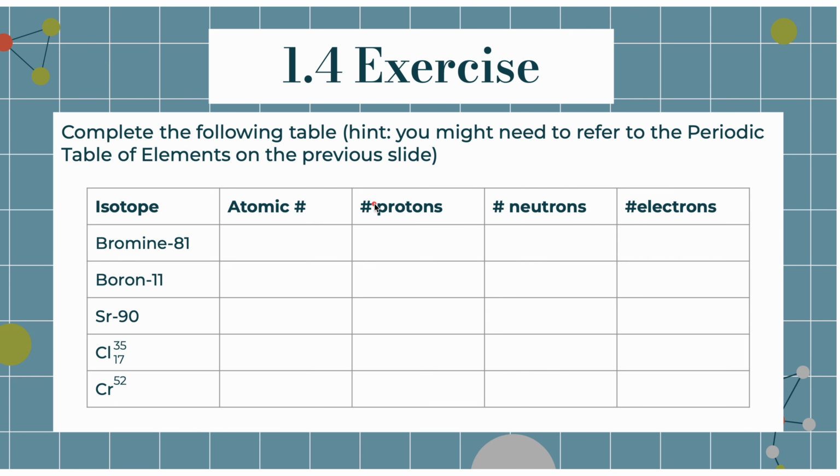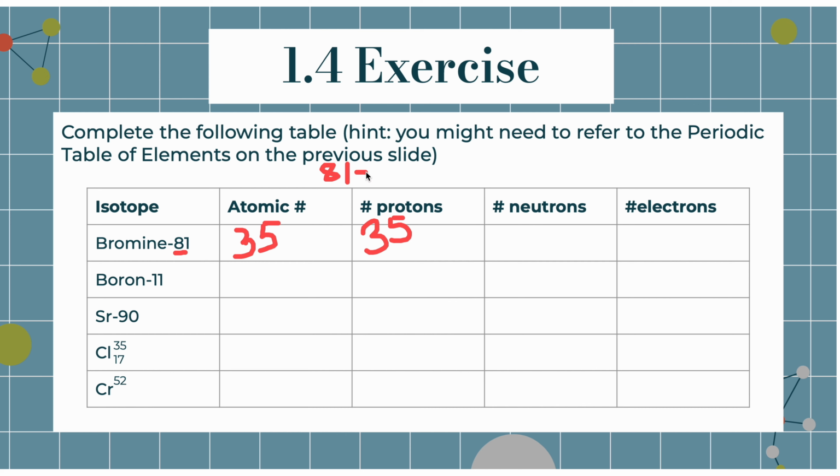That means that this is the atomic number, and as we learned, the atomic number always corresponds to the number of protons. So bromine has 35 protons. Now let's worry about this. 81 means that the total mass of protons and neutrons is 81. So how are we going to know the number of neutrons?